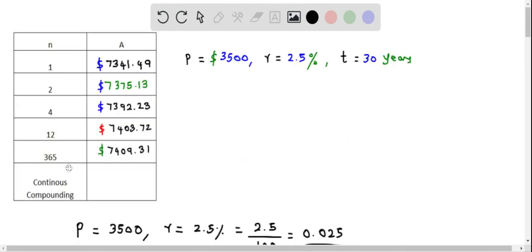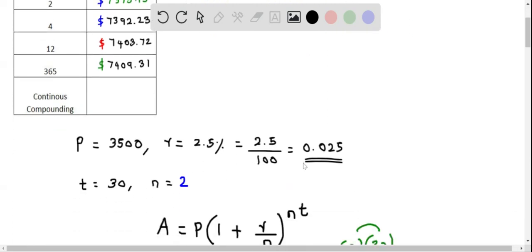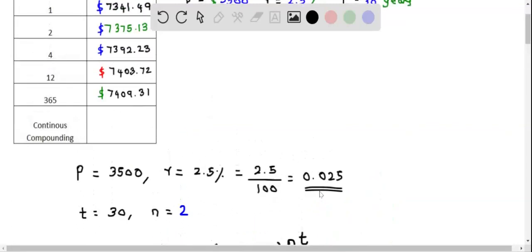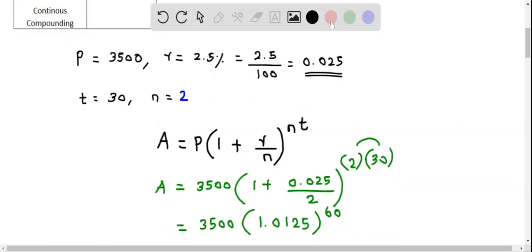In the same way, we plug in n equal to 4, n equal to 12, as well as n equal to 365 into the same formula to get the amount for the different values of n. Basically, we just have to change the value of n. For 4, we put 4 here, here, here, and here when n equals 4.